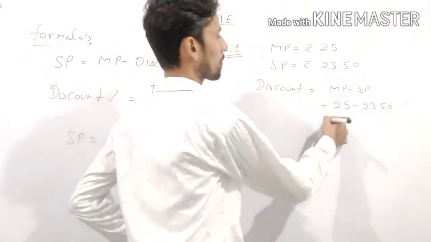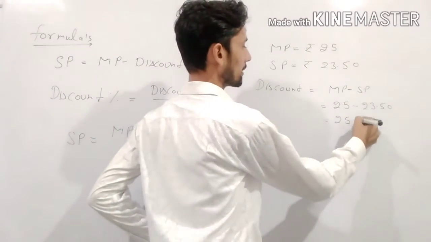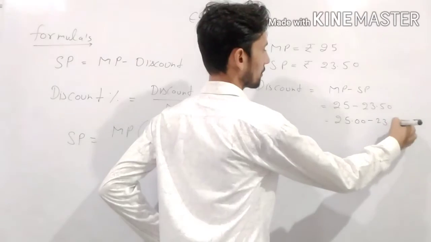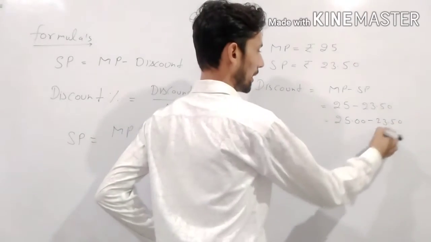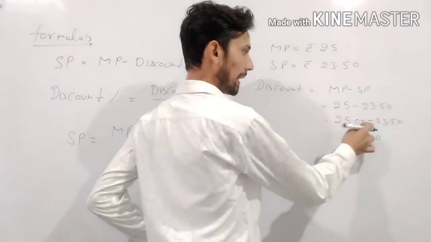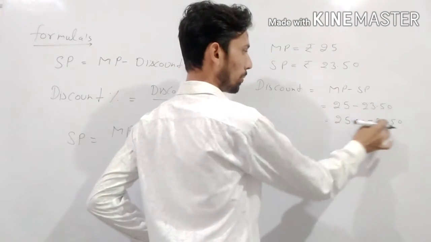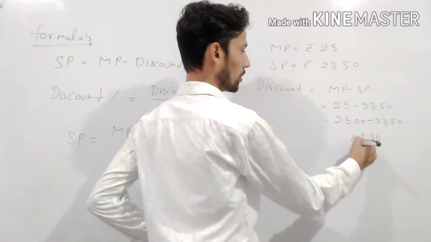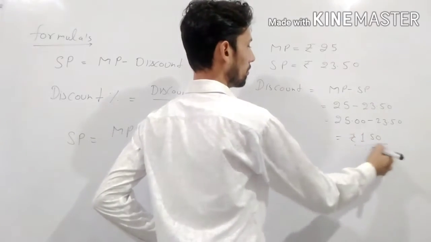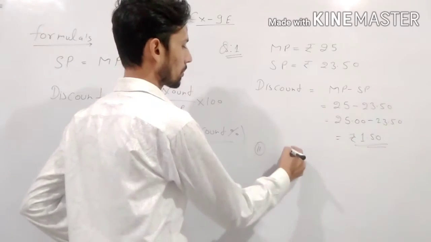Write like this: 0 minus 0 is 0, 10 minus 5 is 5, and 4 minus 3 is equal to 1. So discount is 1 rupee 50.